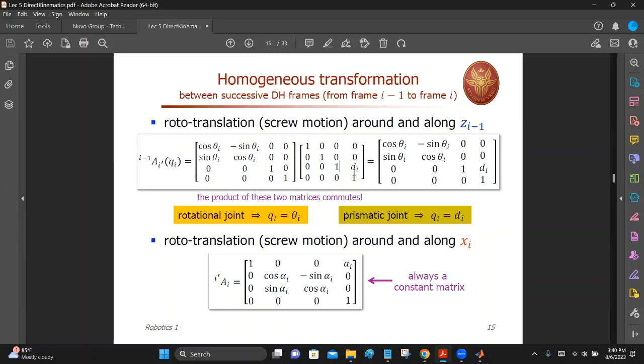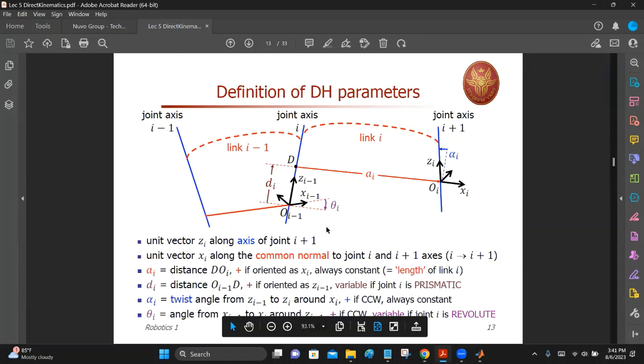This is a linear motion along the z-axis by a distance d i. So if I go back, it is this distance, translation along z-axis. So it brings this coordinate frame with O i minus 1 to this point with the rotation. So it performs the rotation and translation.